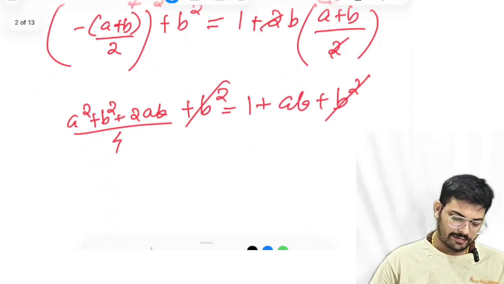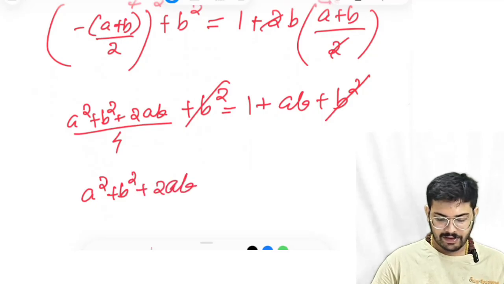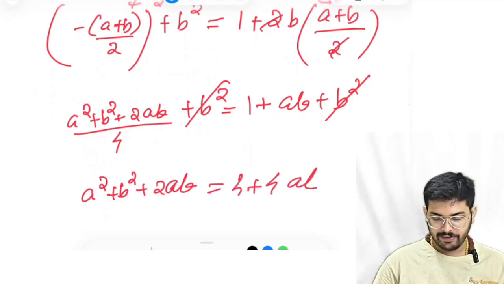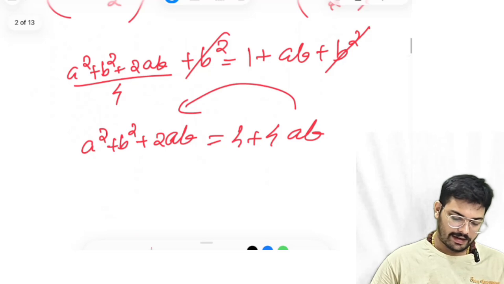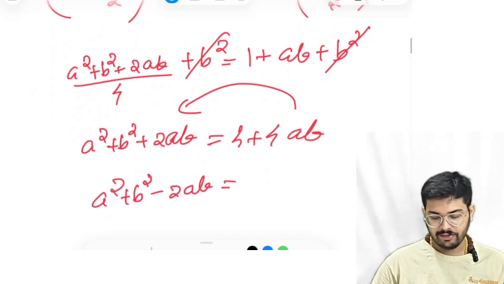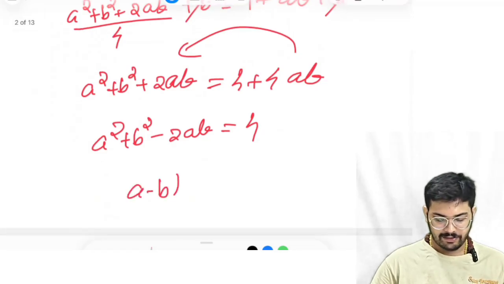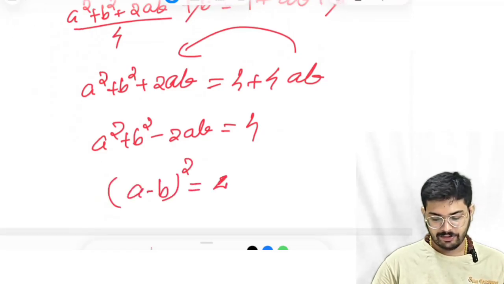Here, when you cross multiply this 4, a square plus b square plus 2ab equal to 4 plus 4ab. Now, when you bring this over here, a square plus b square minus 2ab equal to 4, which means a minus b the whole square equal to 4.